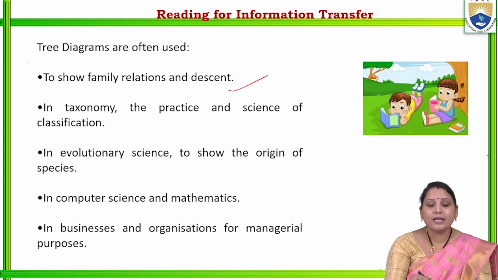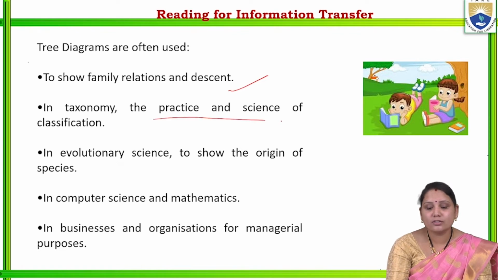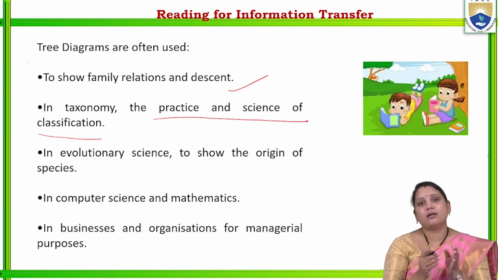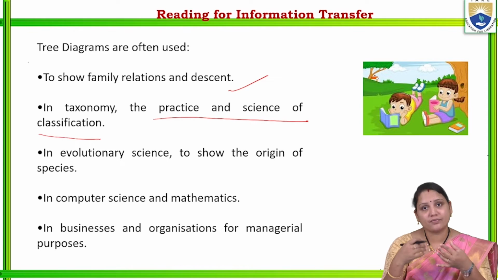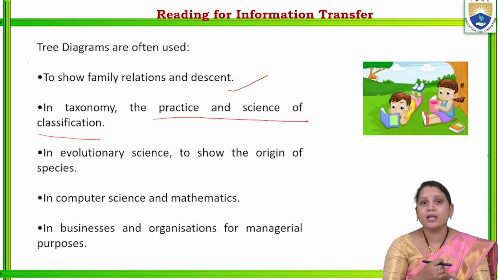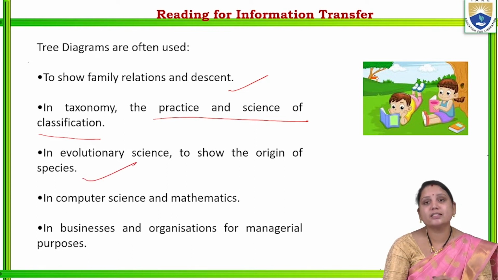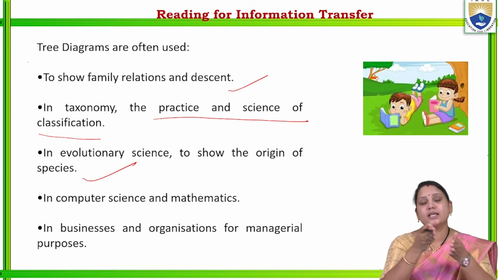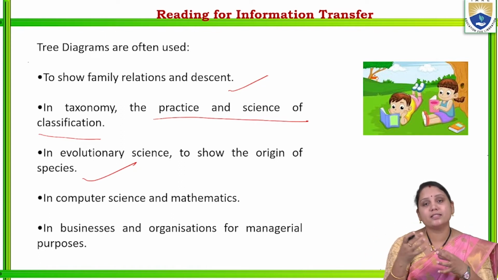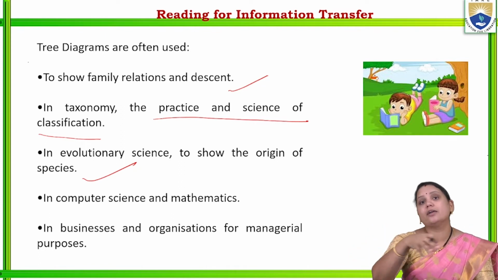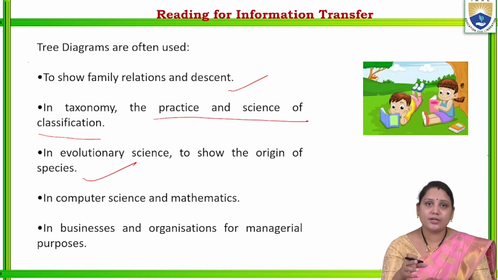Next, in taxonomy, the practice and science of classification. When we do classification of our science topics, especially taxonomy, we use these tree diagrams. Next, evolutionary science. From one stage to the other, how the science has evolved. In such topics, we generally use tree diagrams.